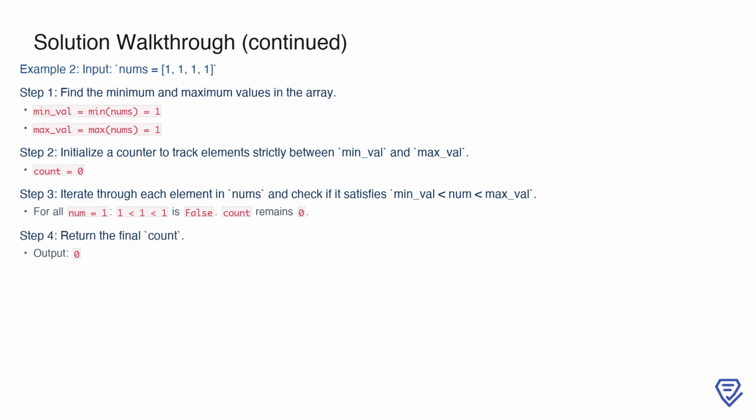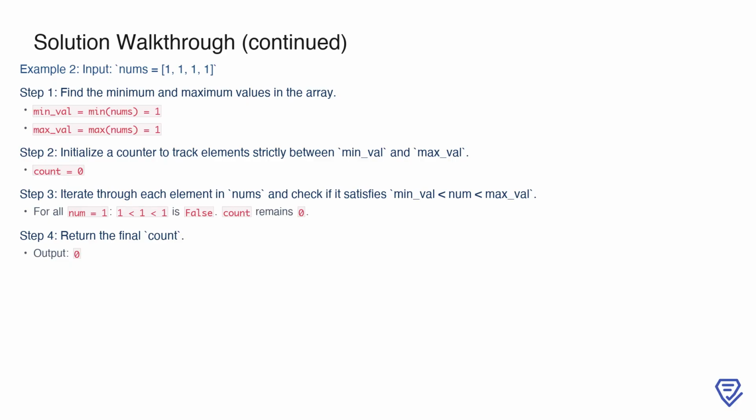Now, let's look at the input array nums equals [1, 1, 1, 1]. The first step is again to find the minimum and maximum values. Here, both the minimum and maximum values are 1, since all the elements in the array are the same. With the range defined, we initialize the counter at 0 to track elements that strictly lie between the minimum and maximum values.